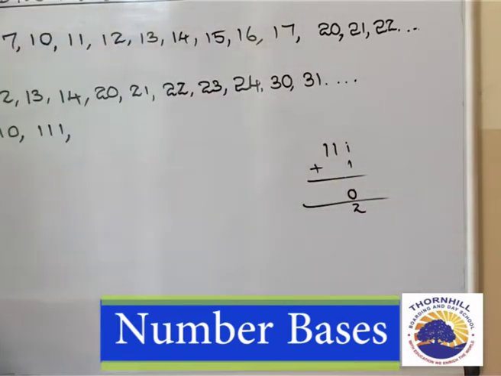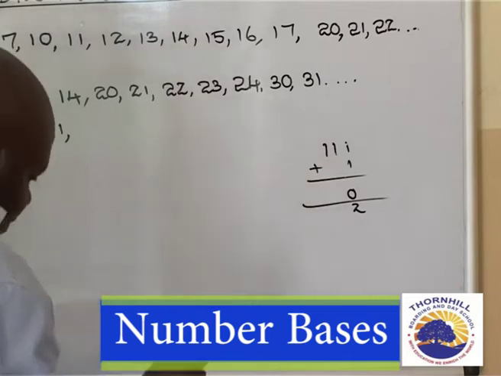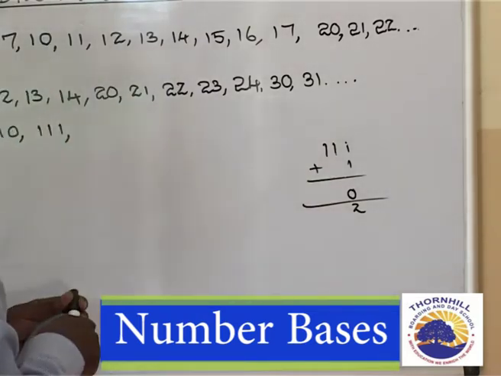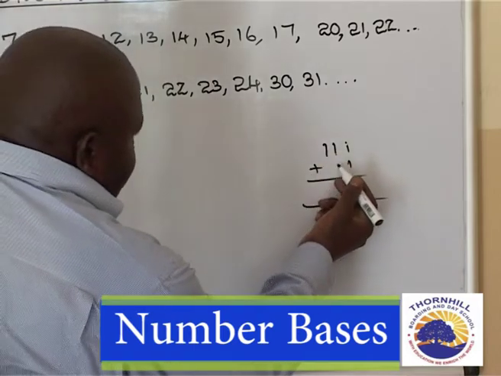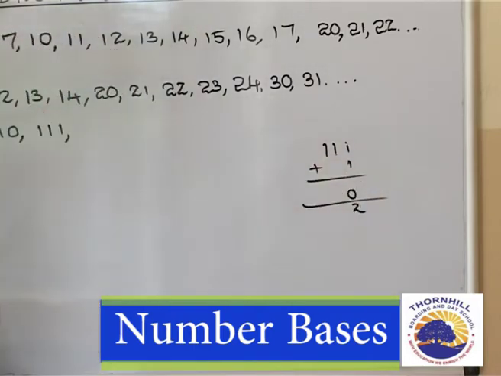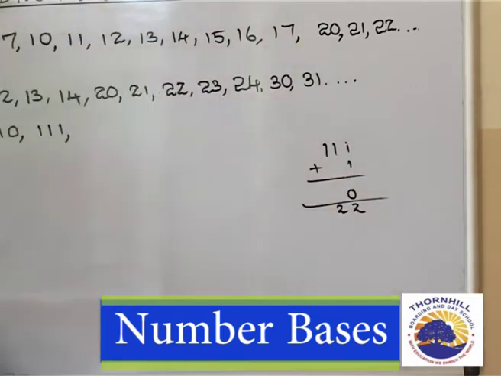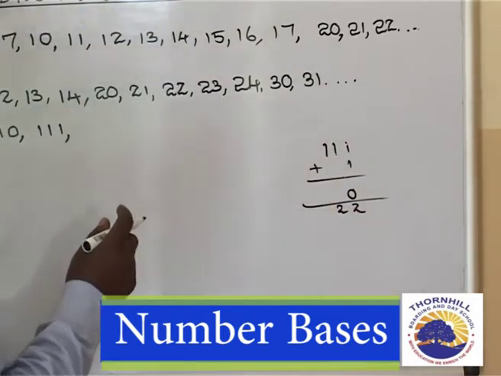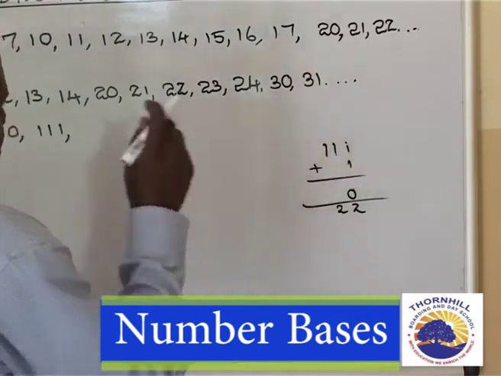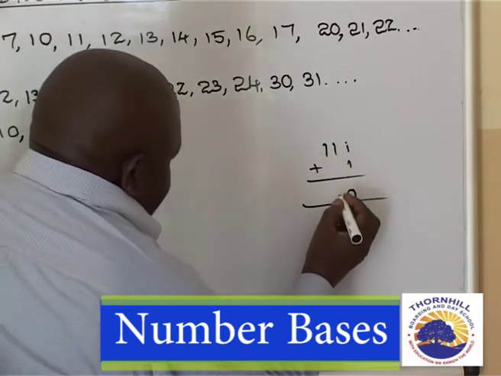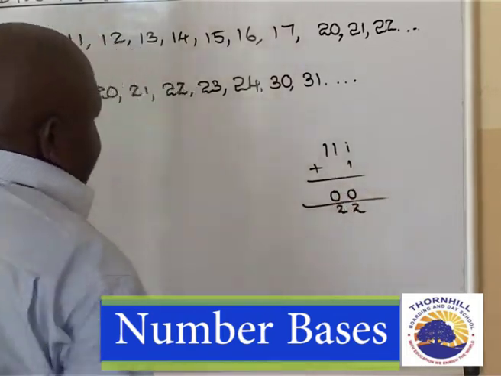The 1 you remember. Then 1 plus nothing here is 1. Plus the 1 which you are remembering, we say it's a 2. Again, you write a 2 there. And the 2 you remember. Then 2 into 2 is 1. What's the remainder? 0. You write the 0, you remember the 1.